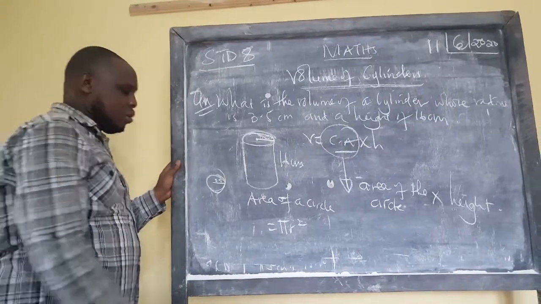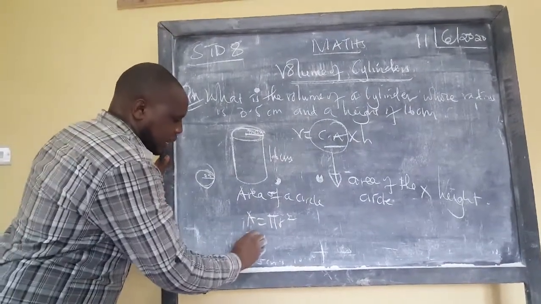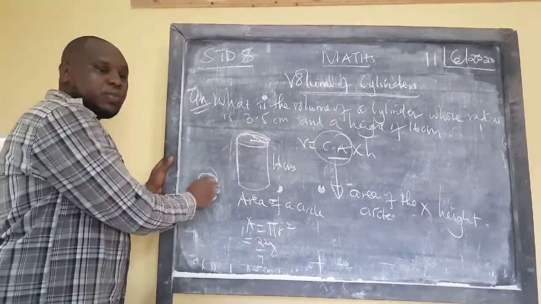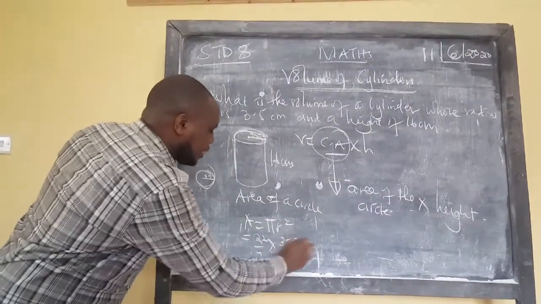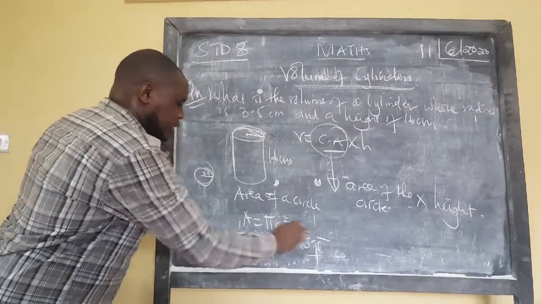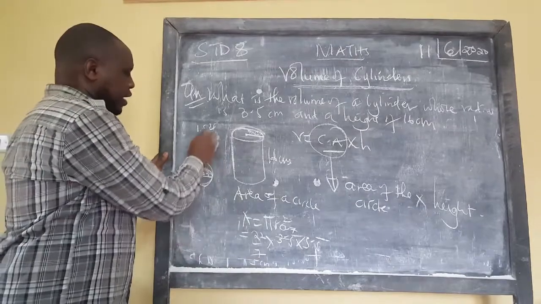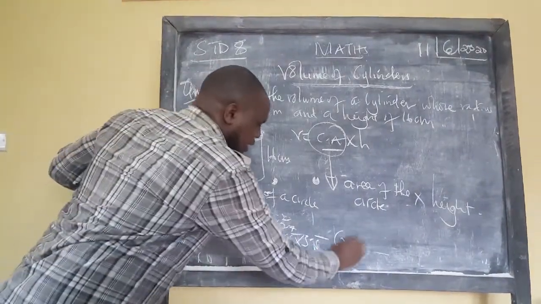So that will give us area, which is pi 22/7, the radius is 3.5 squared, meaning radius times radius. So 3.5 times 3.5. That will give you 154 times 35. But we have how many decimal places? 1, 2. So we write here 2 decimal places.